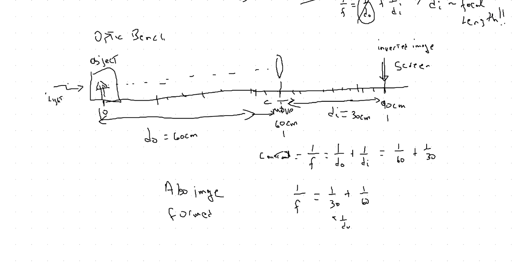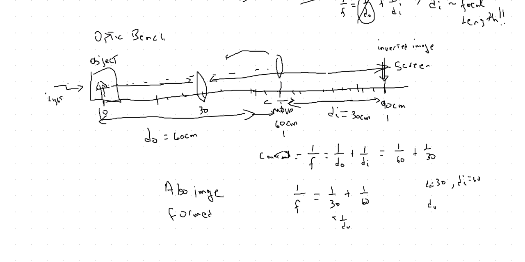So if we put this lens at 30, from the object to the lens, then the image would be at 60. You see? So you get 30 for DO and DI equals 60. You get the same result for the focal length as if DO is 60 centimeters and DI was 30. Okay, so we get a pair of points, right? 30 and 60 and 60 and 30.